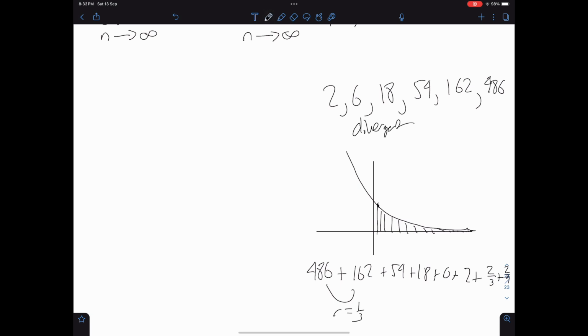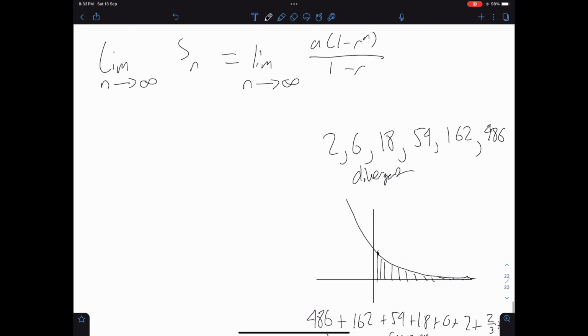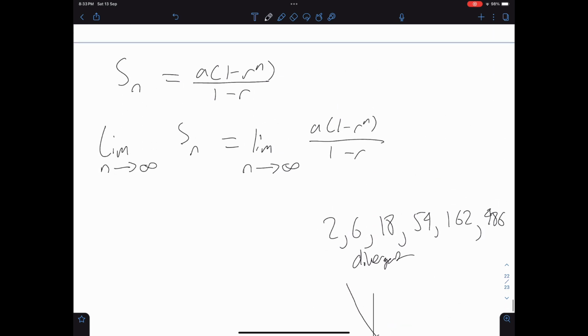And this one is convergent. And that is because the absolute value of r is less than 1, i.e. r is less than 1 and greater than -1. It's fractional.